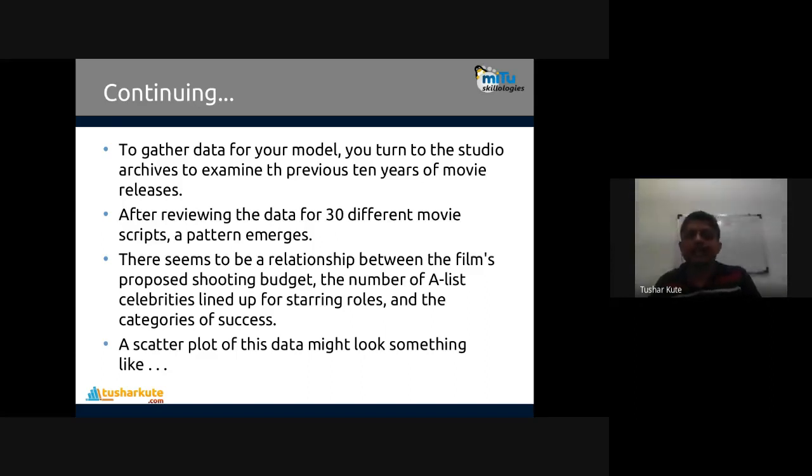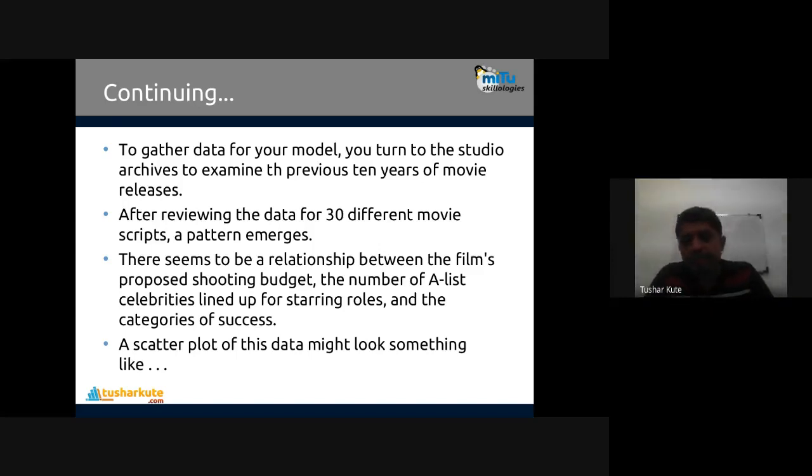The two features are the number of celebrities and the film's proposed shooting budget. These two factors we will take, and based on that, we will define the category of success. So I have identified these features, and the output variable, the category of success of the movie, depends on them.